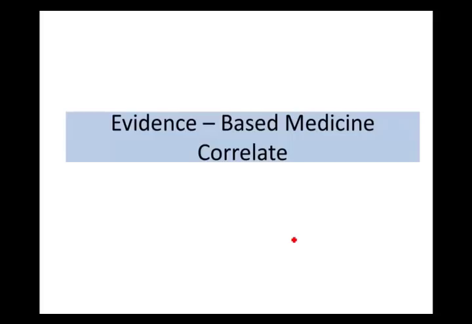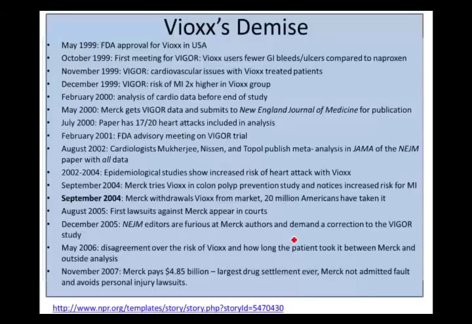I'm not going to spend too much time on this, but this tells the whole story of Vioxx's demise, starting from May of 1999 when the FDA approved Vioxx in the US to essentially November 2007 when Merck decided to pay $4.8 billion, which I think was the largest drug settlement ever, and also did not admit fault and avoided personal injury lawsuits.